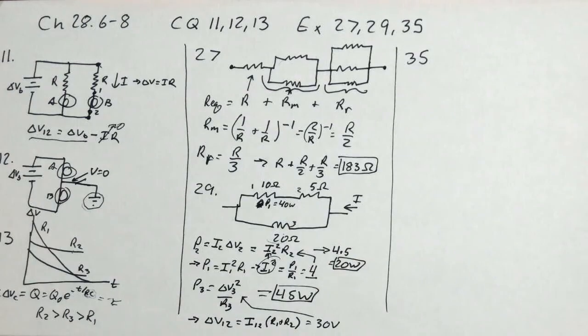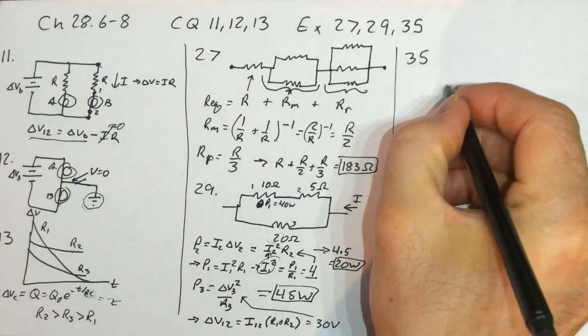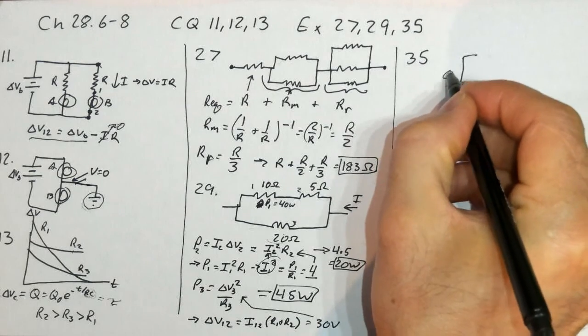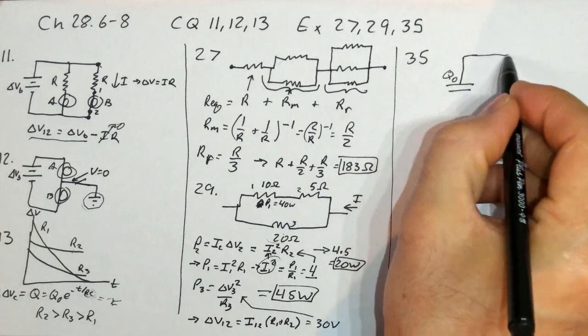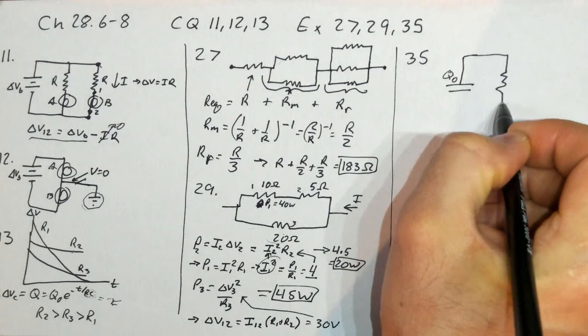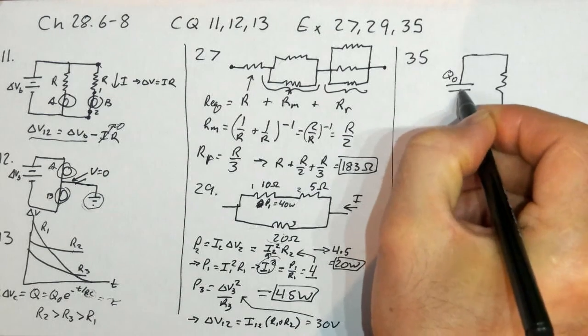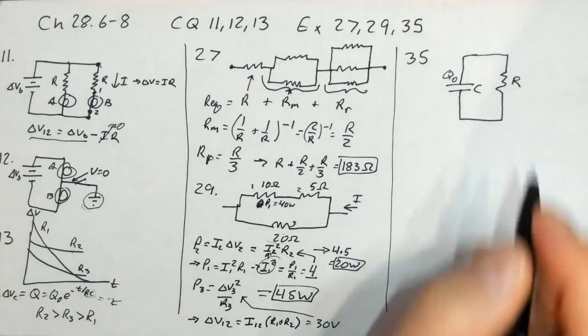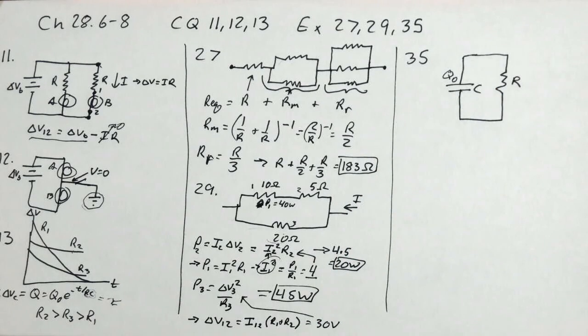What we're told is we have a capacitor that has a certain charge on it. I'm going to call it Q naught. And we hook it across a resistor that has a resistance R. And this capacitor has a certain capacitance. So we know all three of those numbers. We know the resistance is 1 kilo ohm.